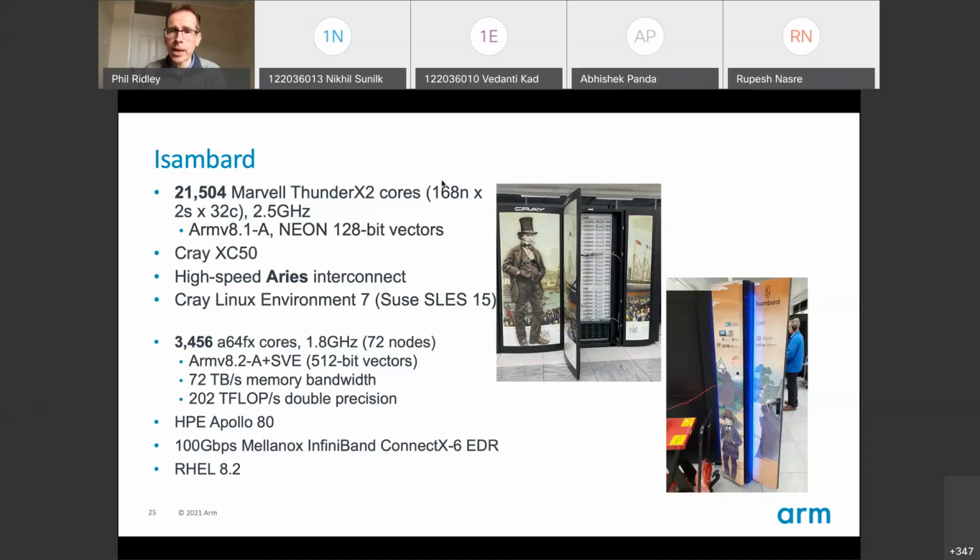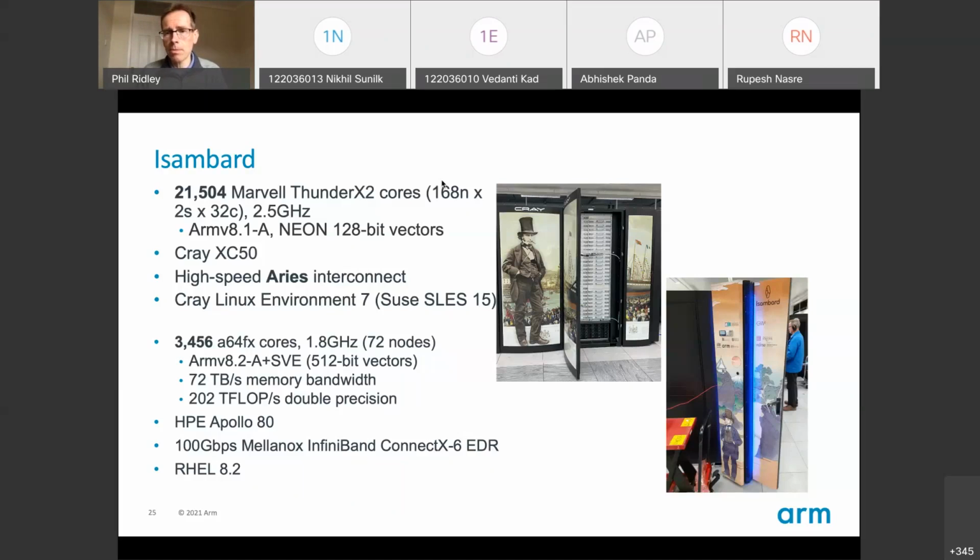So you had your Intel, I think it was Skylake offerings, something from NVIDIA and this Marvell ThunderX2 ARM-based system. So that was Isambard as it was 3 years ago, or even up until I guess 6 months ago, because the A64FX partition has only just been added to Isambard.